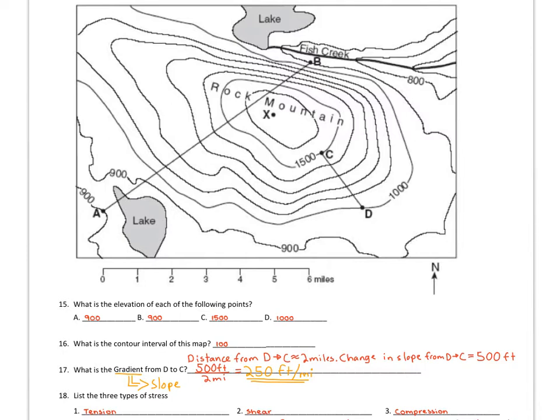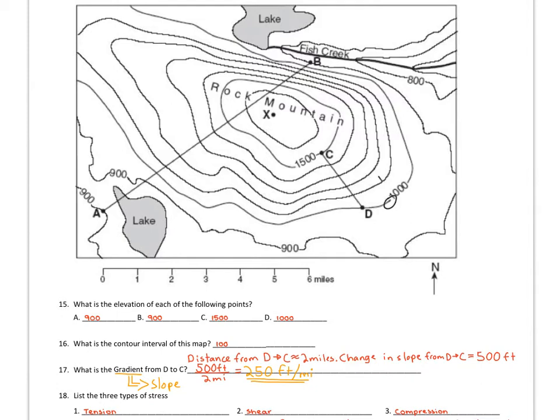Now, what is the contour interval of this map? If the map doesn't say what the contour interval is, then you find two contour lines that are labeled, and you count the number of contour lines from one to the next. So if I started over here at 1,000, right?